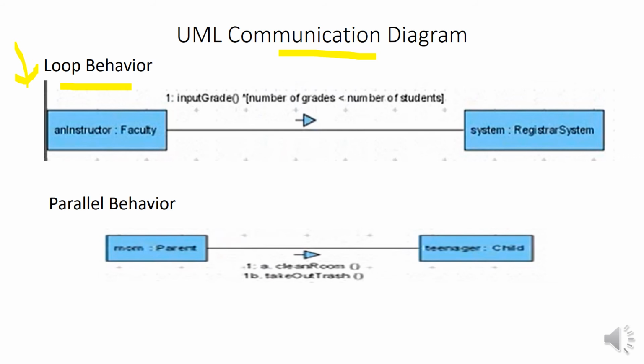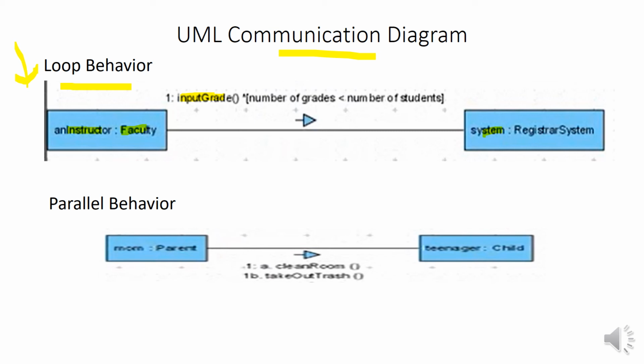Let's see this example: Faculty, instructor, this is the name of the class and this is the object name. The instructor sends a message to the system to input grade until the number of grades is less than the number of students.